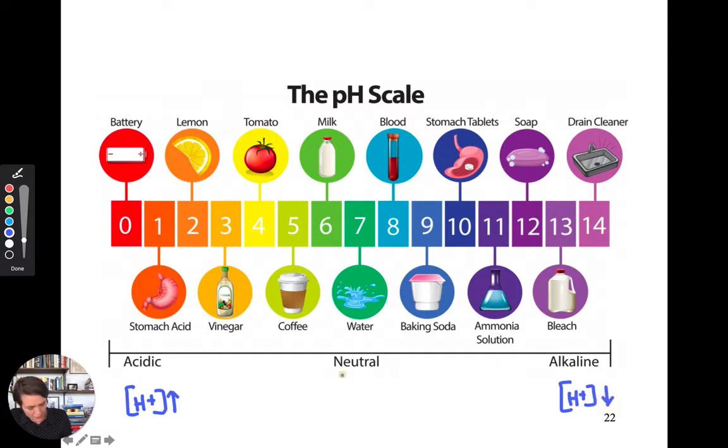And if we think of neutral as being water, we have this nice balance between our hydrogen and our hydroxides. So in an acidic compound, the base is going to be low while the acid is high. And in our alkali compounds or materials, you're going to have a high level of OH.